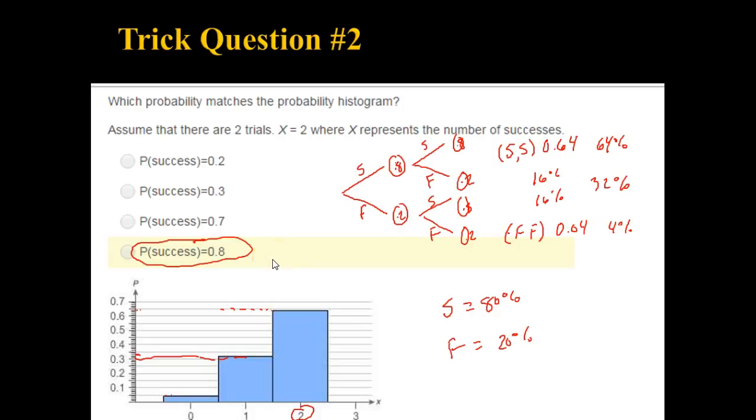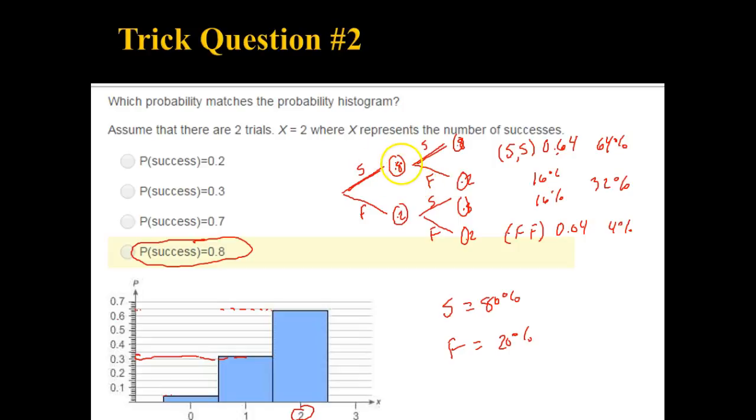That was complicated. I gave you more details than you needed. Obviously, all you had to know is that a success on two draws would be success times success equals 0.64. What number times itself equals 0.64? That's 0.8. You can do the square root of 0.64 on your calculator.